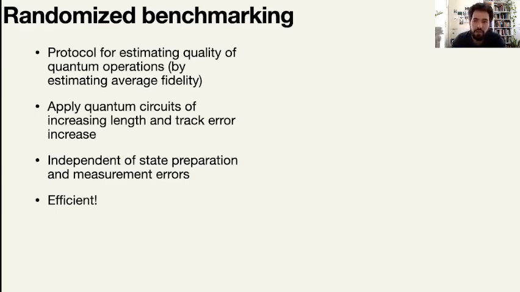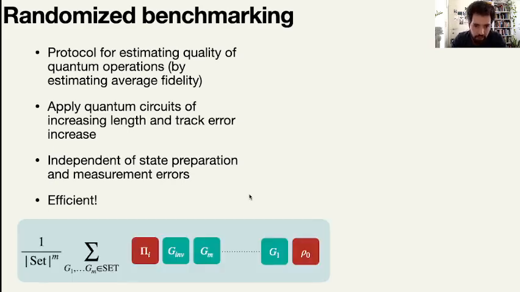So when I say randomized benchmarking, I mean a set of protocols that all have roughly the same structure, namely the following. You prepare some starting state rho that you don't particularly care about, because again, we're state preparation and measurement independent. You define some set of quantum circuits or quantum gates, and then you draw at random sequences of length m, G1 to Gm, from this set, and apply them.